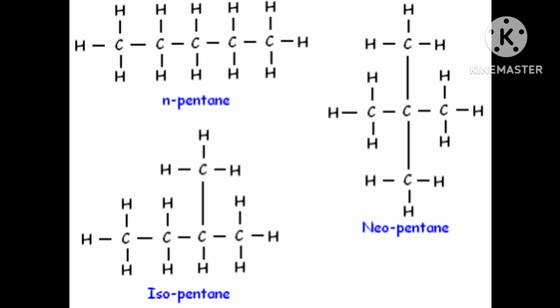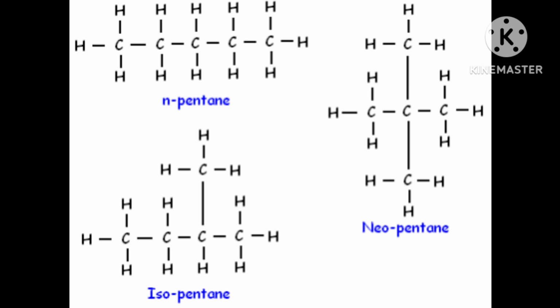In the first carbon you have seen CH3 up, CH3 down, and at the last also CH3 up, CH3 down. Now the total long chain is 5, but at the beginning and the last, 2 methyl groups are attached.